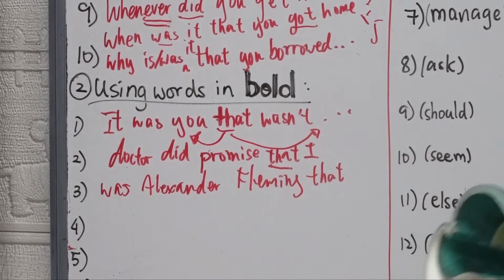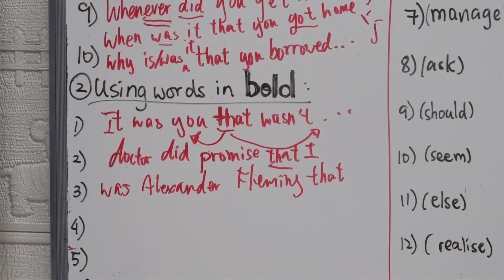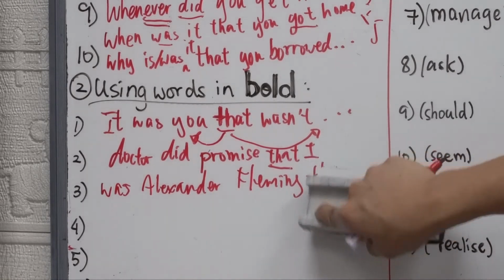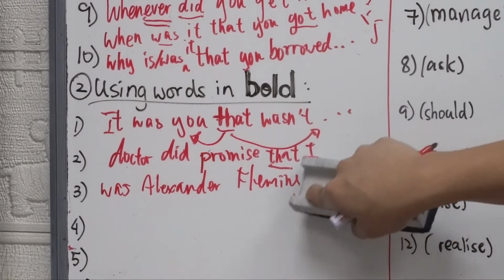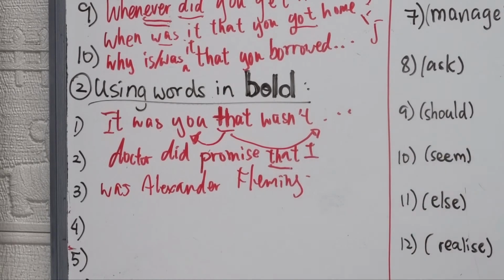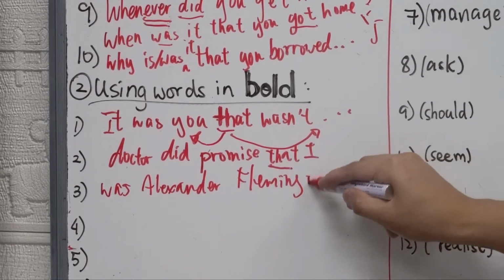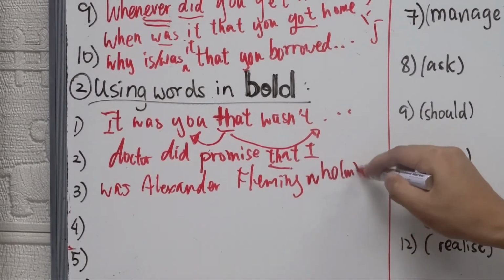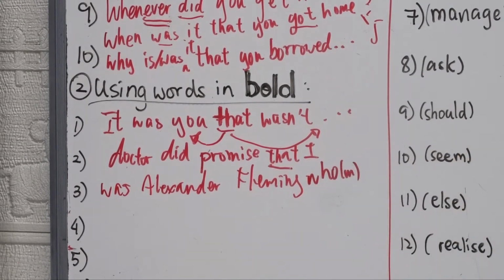Right? It was Alexander Fleming. Oh, sorry. It's better to use who. I know the book is suggesting that, but it's better to use who. Or whom. Right? Again, it's okay to drop the M, right? Nowadays, people don't really use the word whom. Okay, so who discovered penicillin?